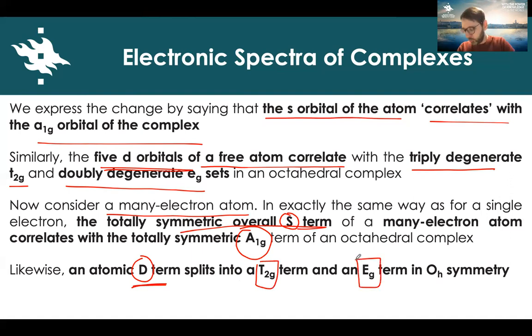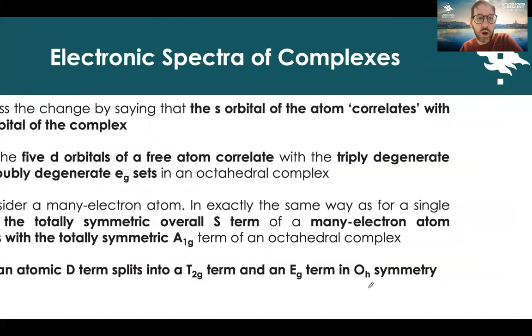And here we are talking about total orbital angular momentum, because we have a many-electron atom. That's why we are now using capital letters. So for an atomic D term, we will have splitting into T2g and Eg for a complex in octahedral geometry.